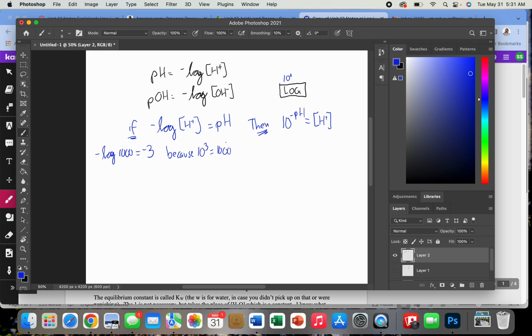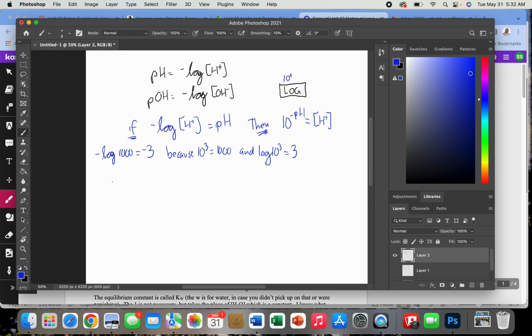And so when you take the negative log of it, you're taking the log of 10 to the third, and that gives you -3. So when you start playing with this, you start realizing, oh, all we're doing is finding the exponent that we would raise 10 to, to make some number. So that's the inverse thing.